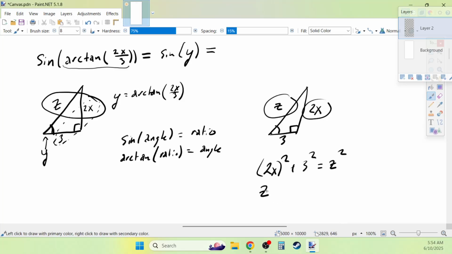That gives us that the unknown side is the square root of 4x squared plus 9. And that means that the sine of this angle of this triangle is the opposite, which is 2x over the square root of 4x squared plus 9.